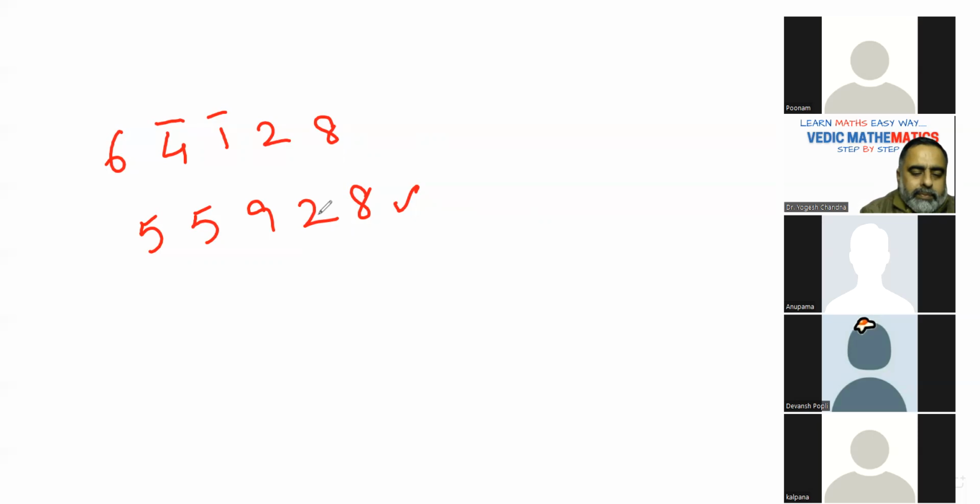Five five nine two eight, sir. Now, is it clear? 2, 9 bar, 2, 4, 7. Sir, 11247.